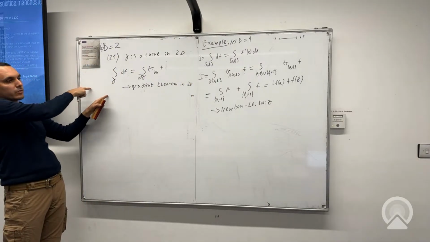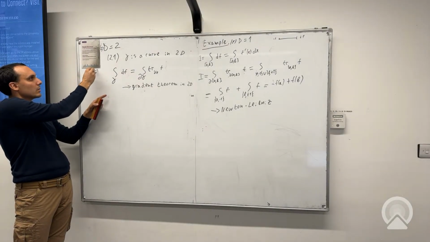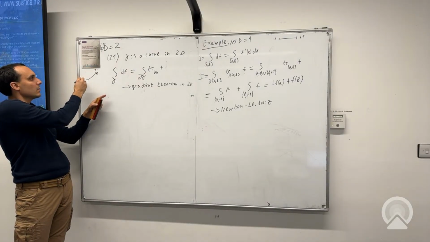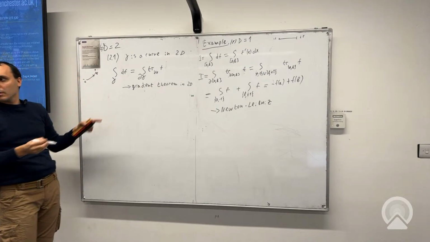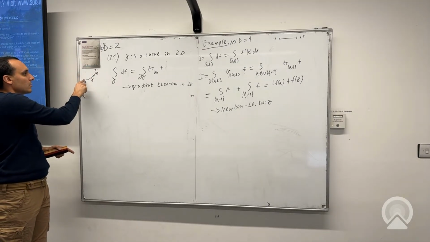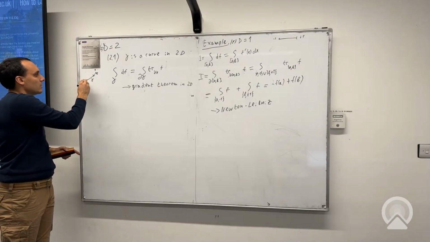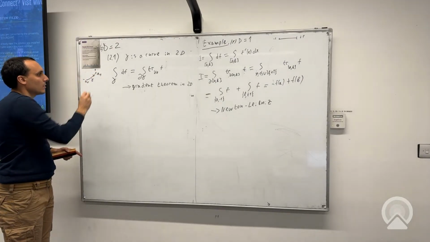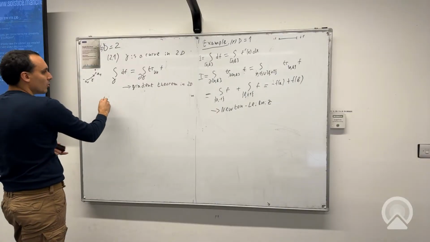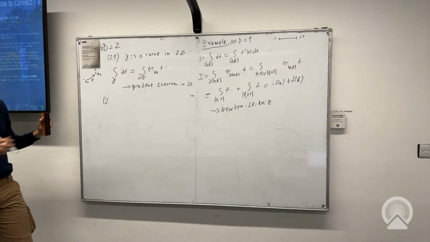If the curve goes from here to here, we take this end with plus and this end with minus. This is gamma, this is the start A0, this is A1. Sorry for being here, but I want to finish this.